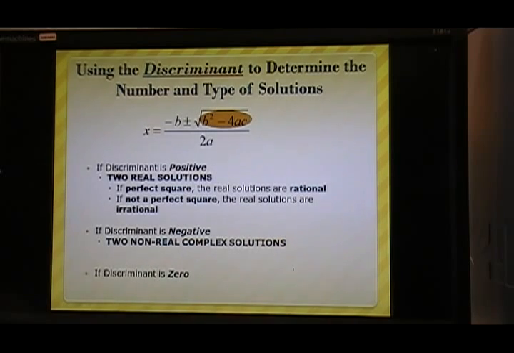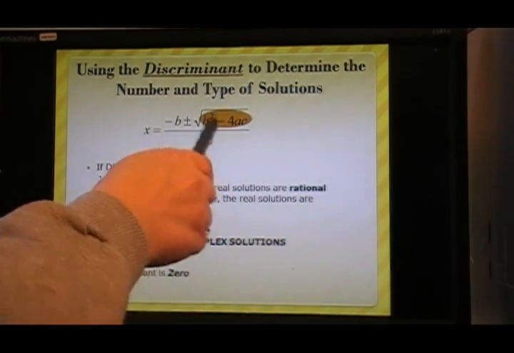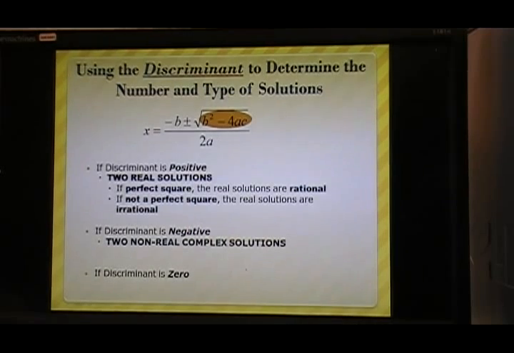And then finally, if your discriminant is 0, then you're going to have opposite of b plus or minus the square root of 0 over 2 times your a. So the square root of 0 is just 0, and so it really just simplifies to negative b over 2a. Okay, so if that discriminant is 0, you're only going to have one solution.